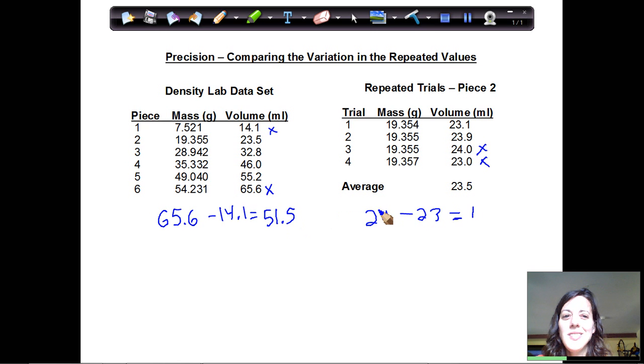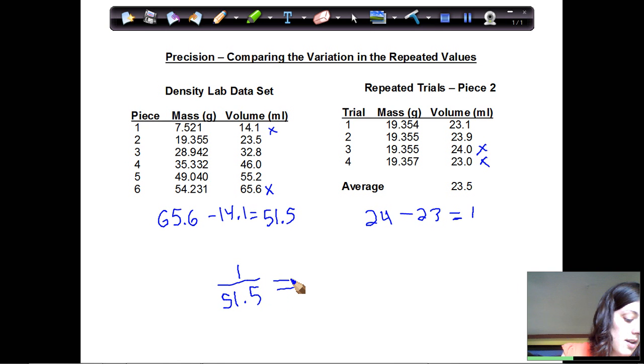And you can say that the data is pretty precise because the variation is small for the repeated trials. If you want, it's always nice to quantify what it is, and you just would calculate what percentage 1 is of 51.5 by doing 1 divided by 51.5.